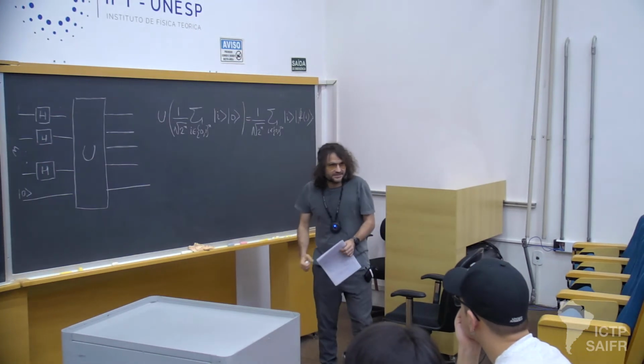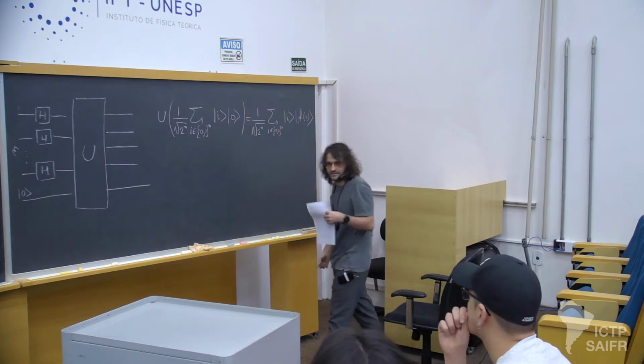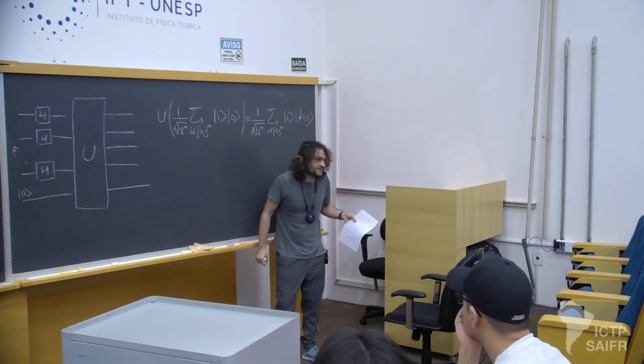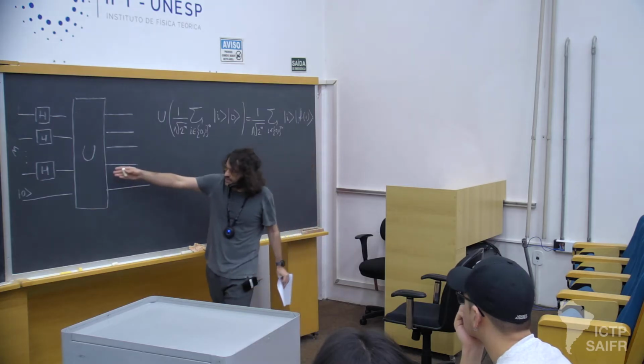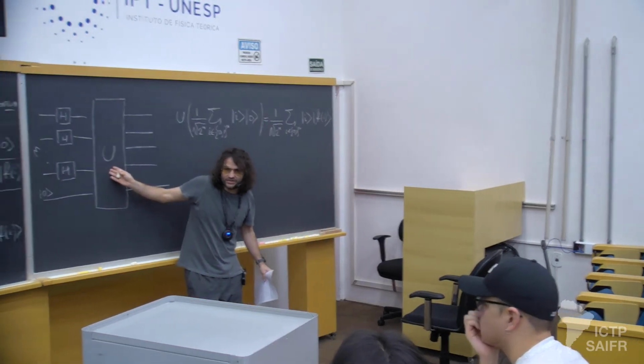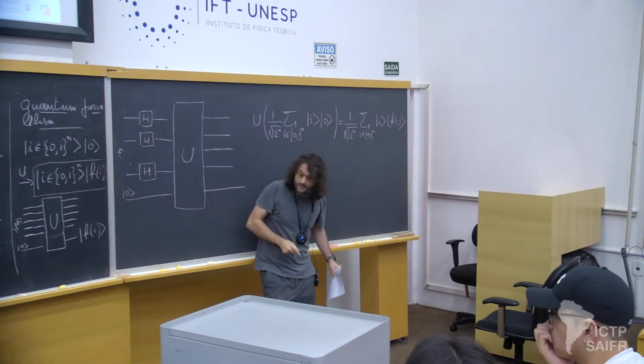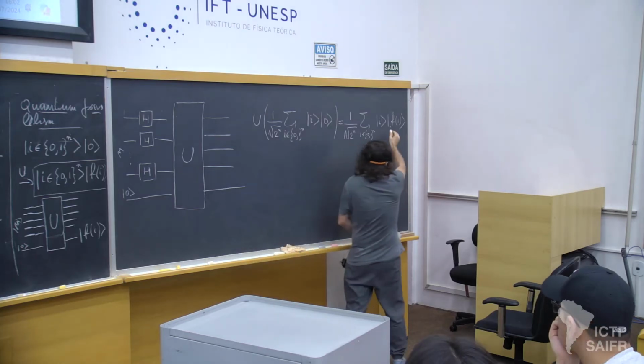And now we see the black magic. We just run the circuit once, and in particular, we use this unitary operation only once, and as a bonus, we got all the possible outcomes of the Boolean function.